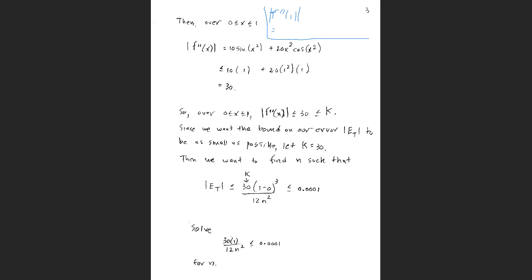The absolute value of the second derivative evaluated at 1 is 10 times the sine of 1 squared plus 20 times 1 squared times the cosine of 1 squared, right?